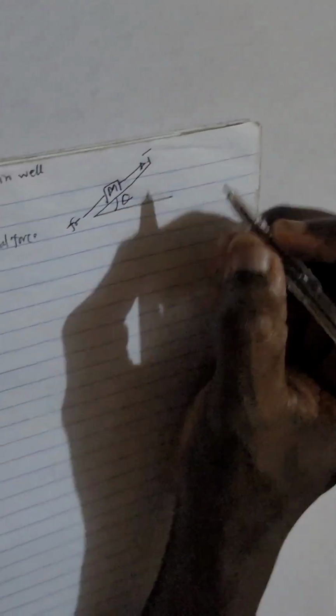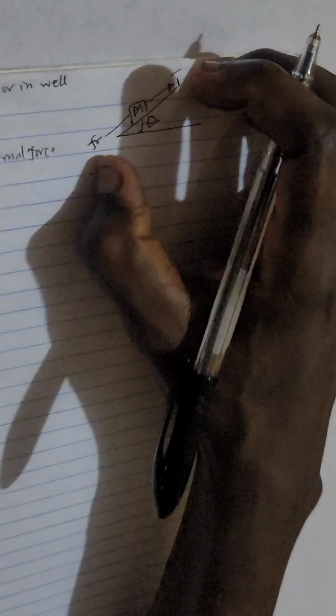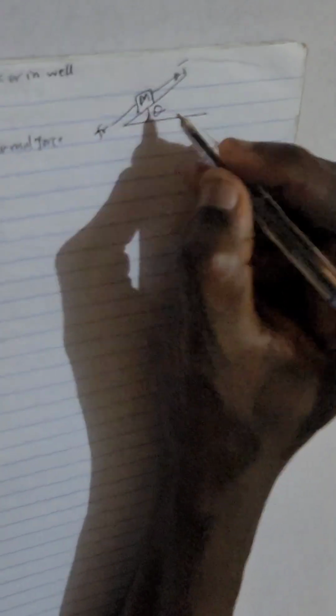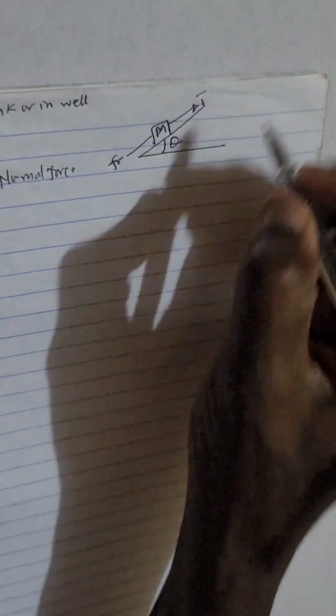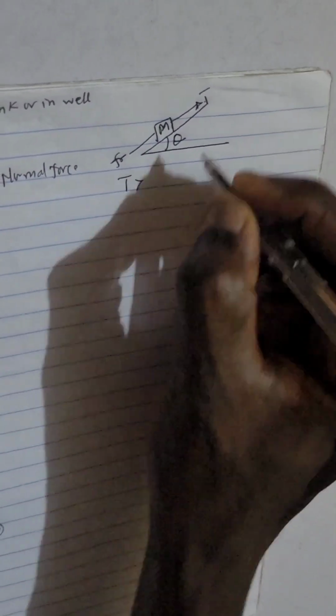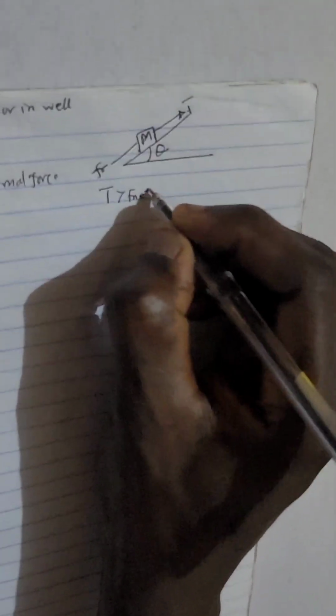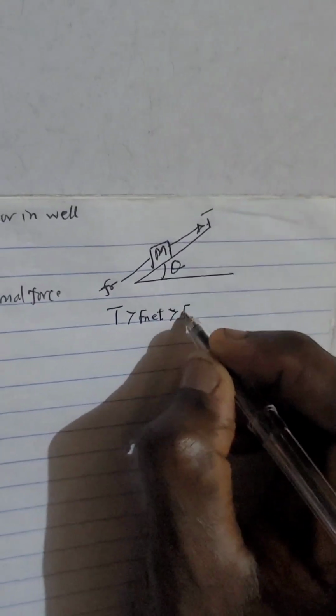It means that if this object were to go upward, like we are successful with the aim of moving this object to a car or something using this inclined plane system, this T is greater than the net force and greater than the frictional force.